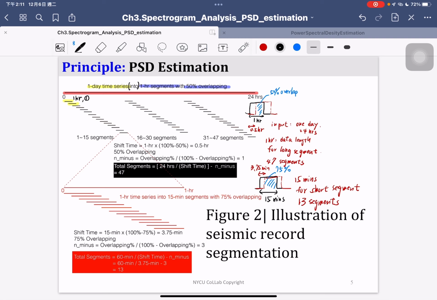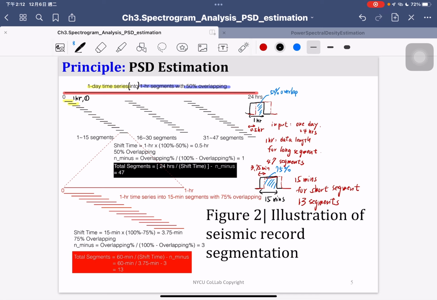So before we analyze, we should cut the data into small segments. As the user, I only need to decide two time window lengths: the longer window length and the shorter window length. In today's exercise, we will use 1 hour as the longer window length and 15 minutes for the shorter window length.